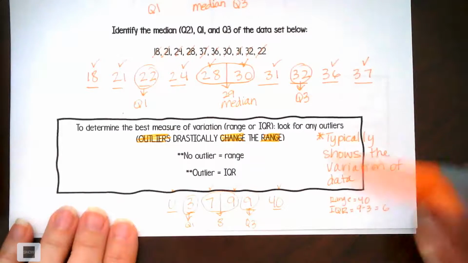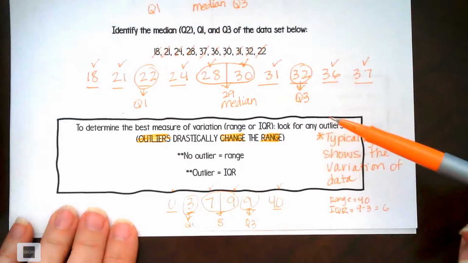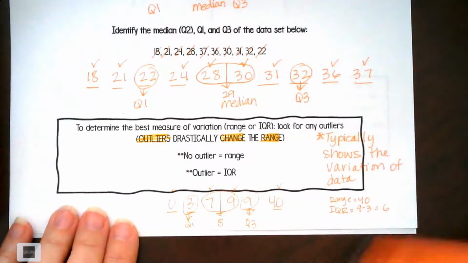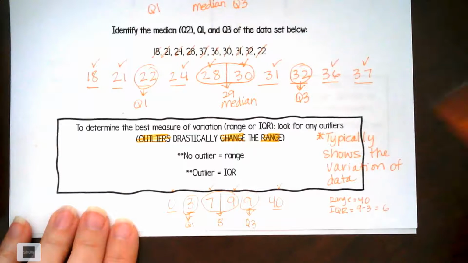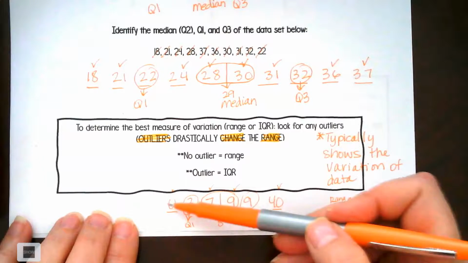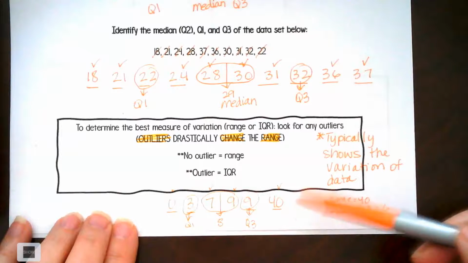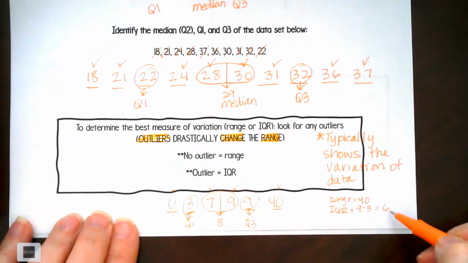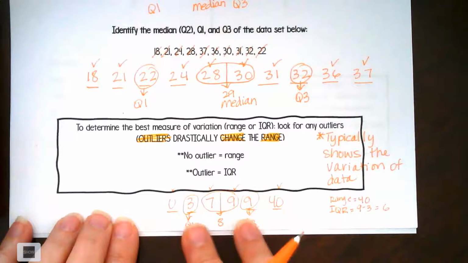If I wanted to choose which one of these, the range or the interquartile range, typically shows how spread out my data is, then I would definitely not want to pick the range, because it's saying that my numbers are typically spread out a lot as compared to here where the interquartile range is only 6.